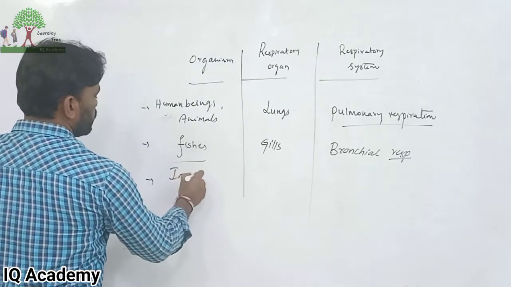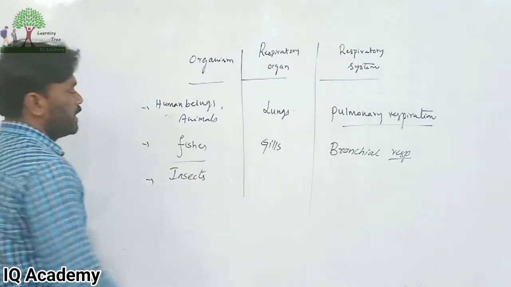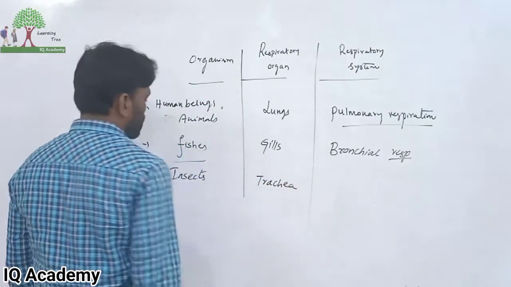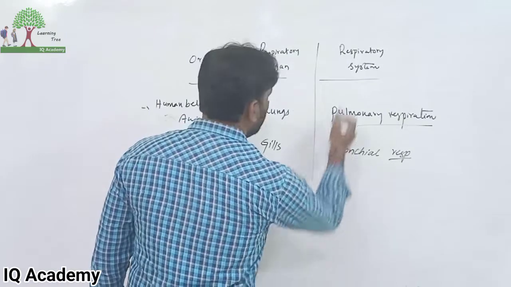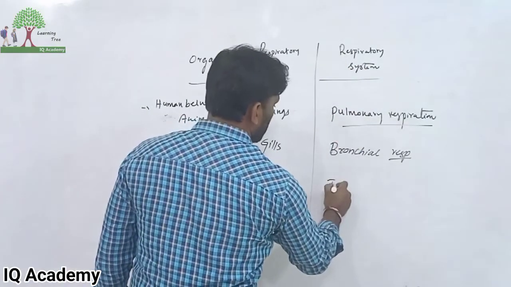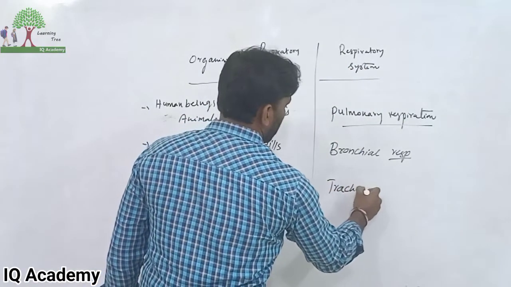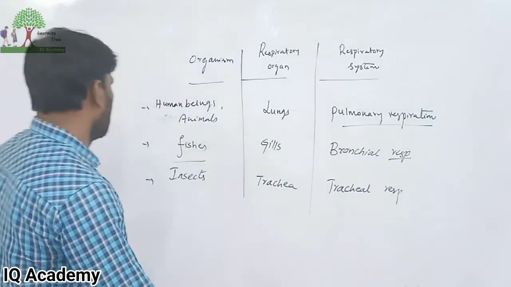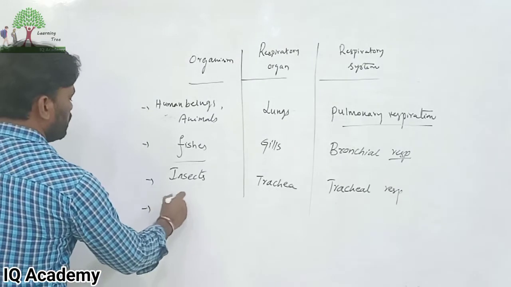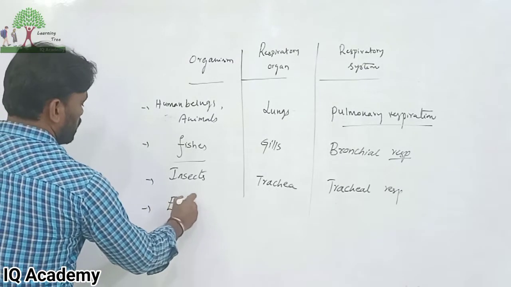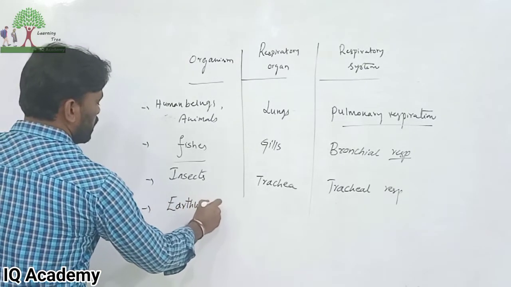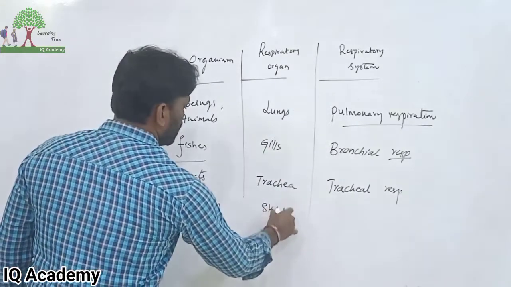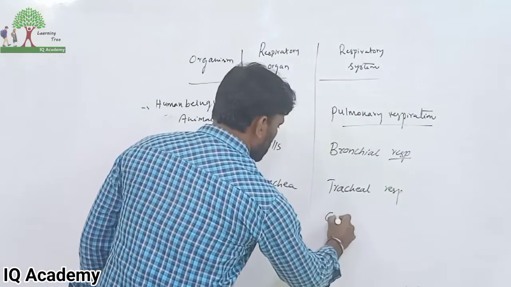All insects respire through the trachea, which is tracheal respiration. The best example for skin is the earthworm, whose respiratory organ is the skin, called cutaneous respiration.